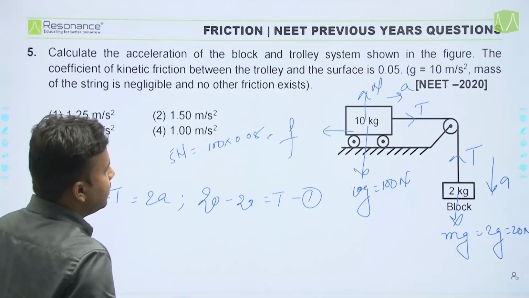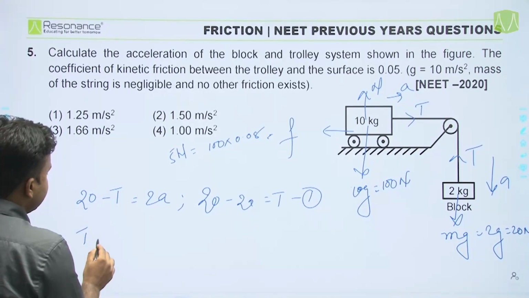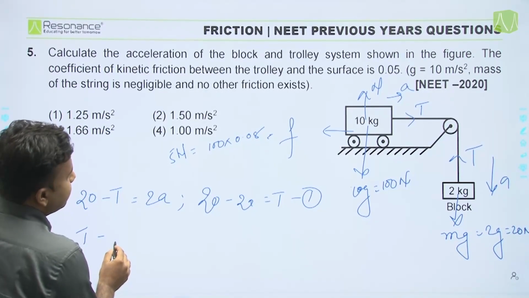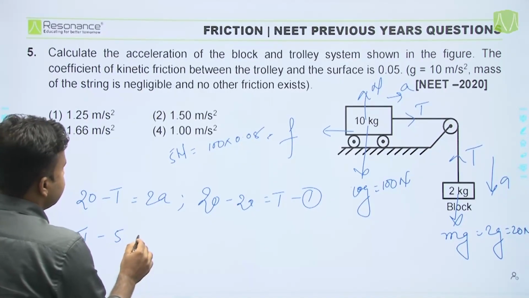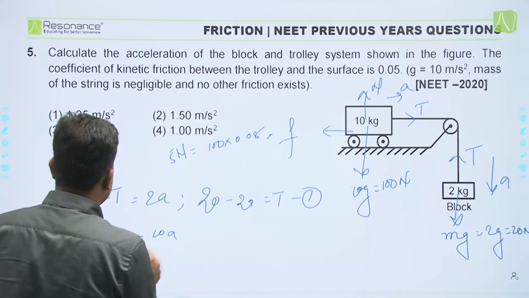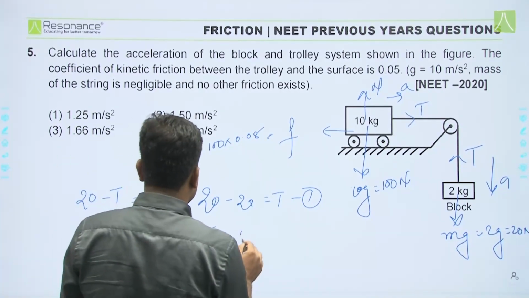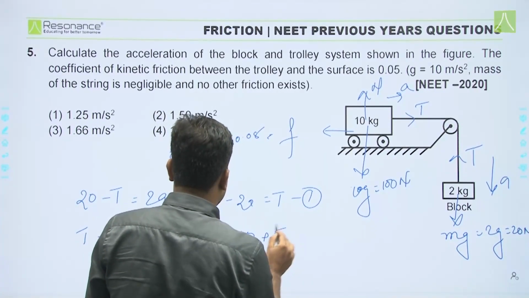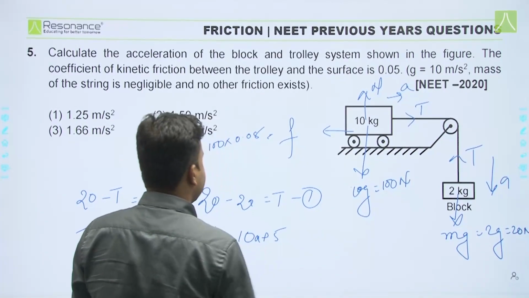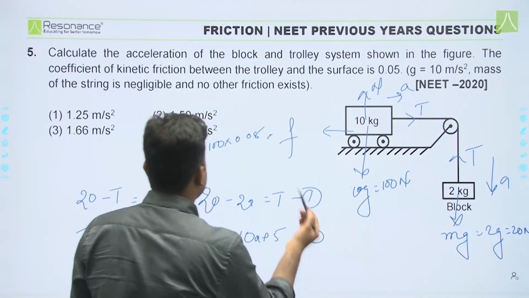Now the second equation: T minus friction force, which is 5, is equal to 10 into A. So T equals 10A plus 5. This is the second equation.